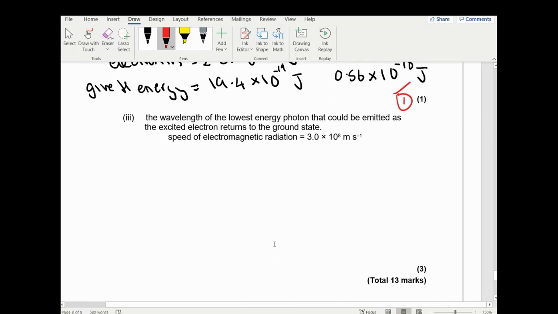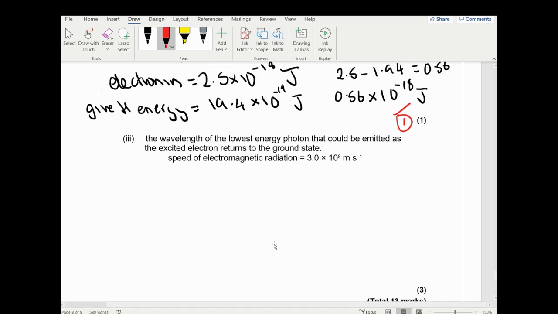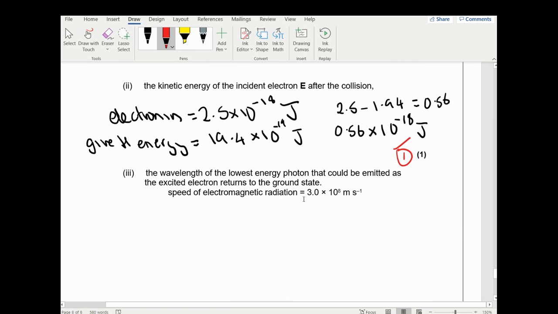The wavelength of the lowest energy photon that could be emitted as an excited electron returns to the ground state. So what it's asking here is the wavelength of the lowest energy photon that could be emitted as the excited electron returns to its ground state.